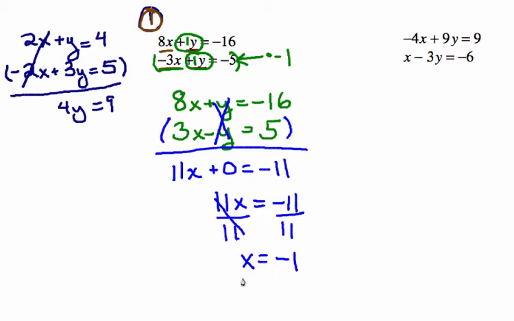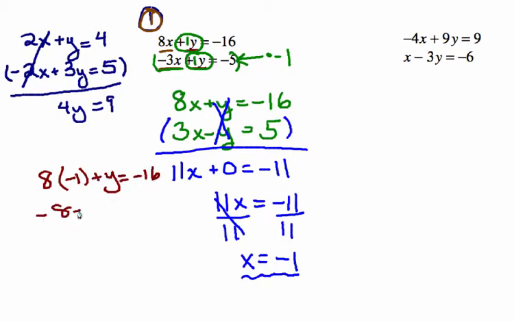And that's not the only thing we were solving for. We also need to know the y value of the point that would make 8x plus y equals negative 16 and negative 3x plus y equals negative 5 true. So we can plug it into either equation. I'm going to do the first one. 8 times negative 1 plus y equals negative 16.